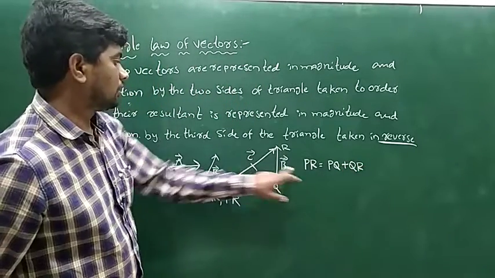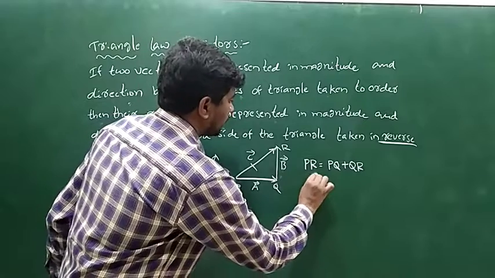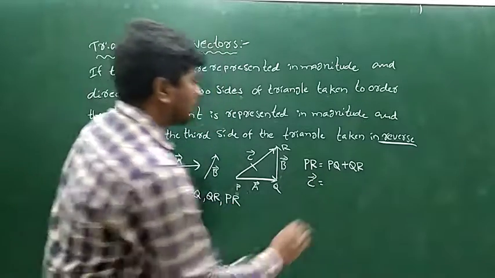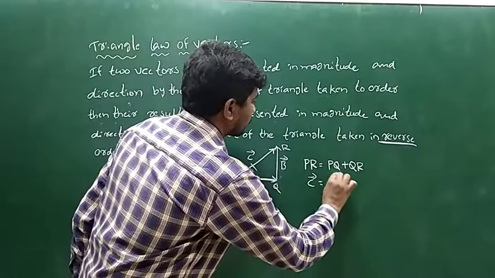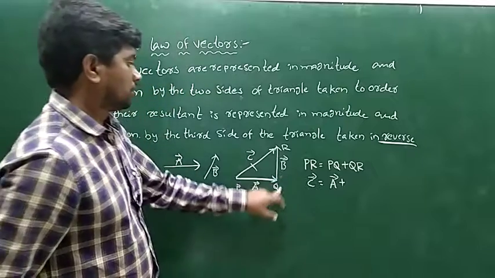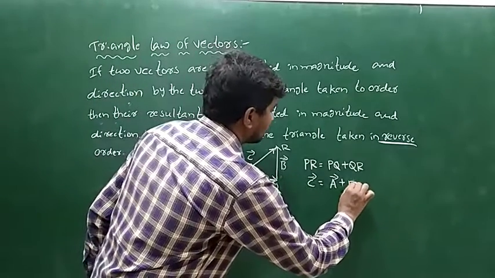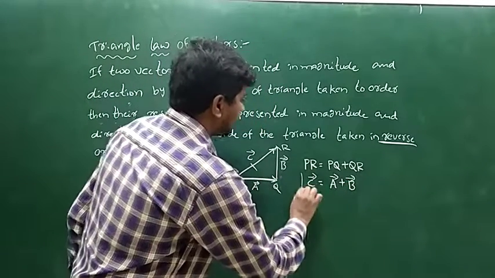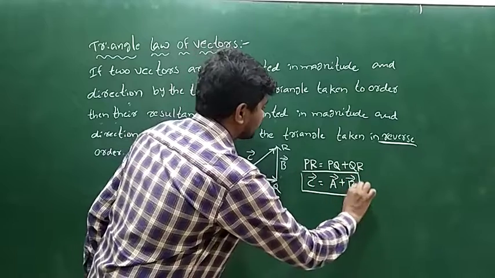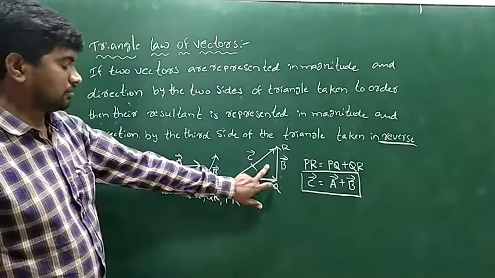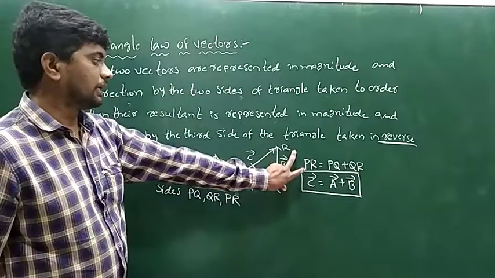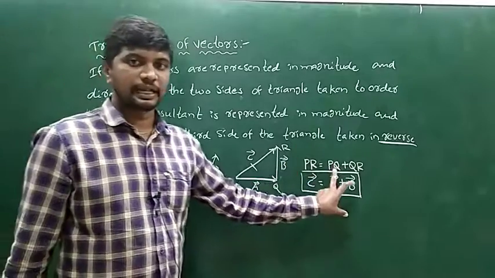Therefore, PR is equal to the magnitude of C vector. C bar equals PQ, which is A bar, plus QR, which is B bar. This is the triangle of vectors. The third side is the opposite direction of the two sides. This is called triangle of vectors.